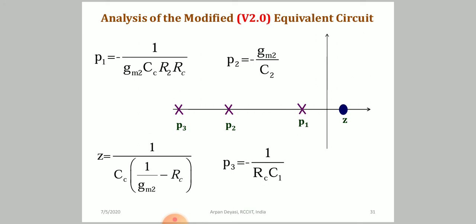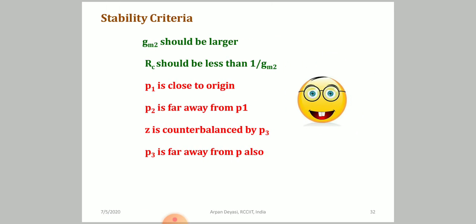So now the system is stable. We have removed the offset null problem, and we are getting the system stability by introducing coupling passive components, one is CC, another is RC.